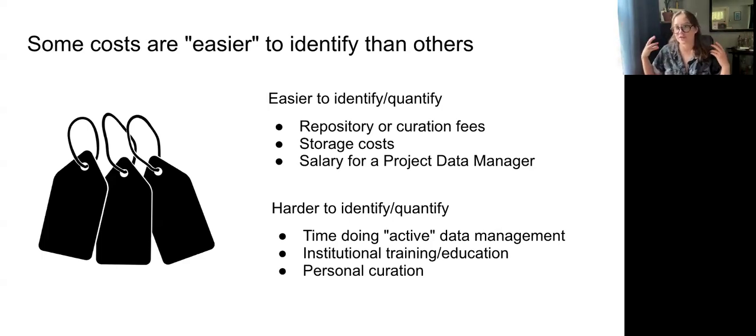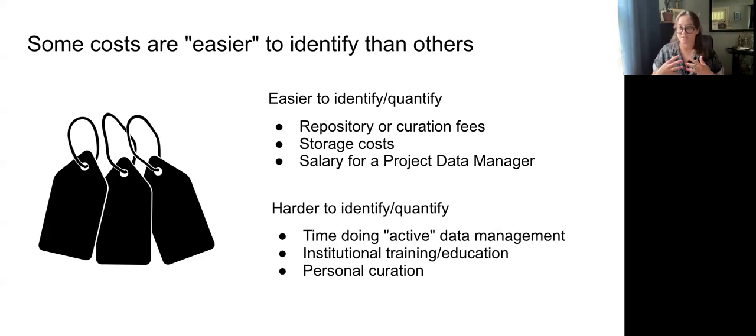For example, if every Friday a researcher sits down and cleans out their hard drive, that's good data management. That is a cost, but it's much harder to quantify and to capture that than it is a one-time storage cost or a repository fee. We were talking about this yesterday, and I think we're still teasing it out, but we also recognize that it's harder to disentangle the costs of what's good science versus what's data management.